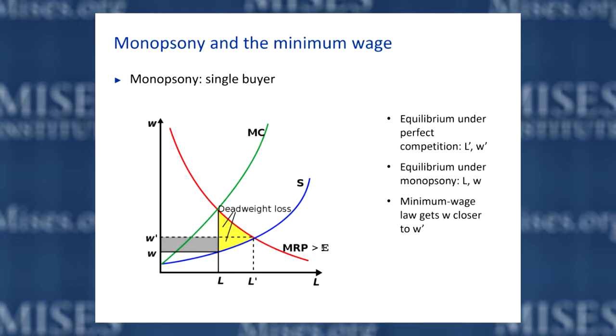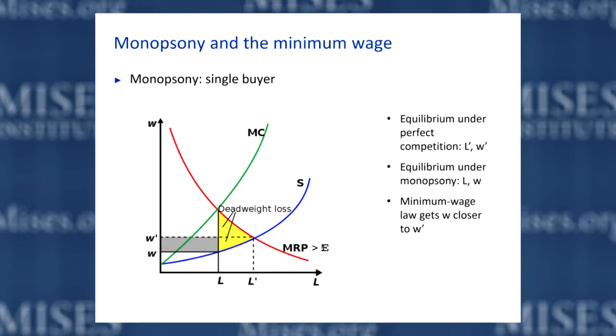That's this wage W. So it's kind of analogous to the monopoly diagram, but flipped around. Remember, in the monopoly diagram, the monopolist chooses a quantity where marginal revenue equals marginal cost, and then charges the highest possible price the market will bear. Here, the monopsonist chooses a quantity to hire where marginal revenue equals marginal cost, and then offers the lowest wage the market will bear, this wage W.